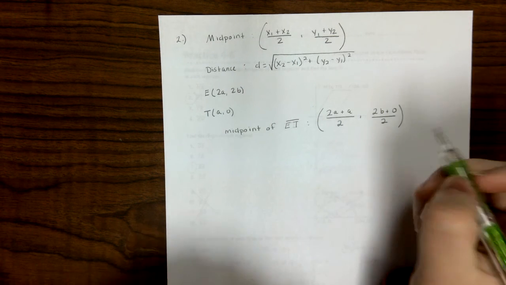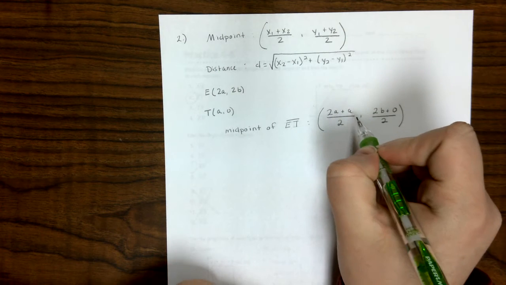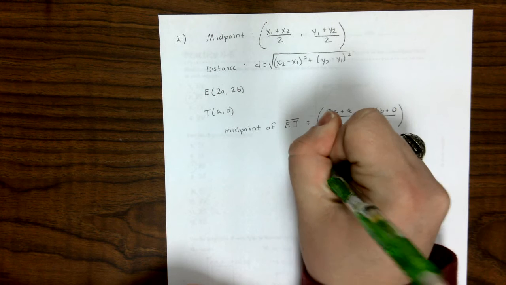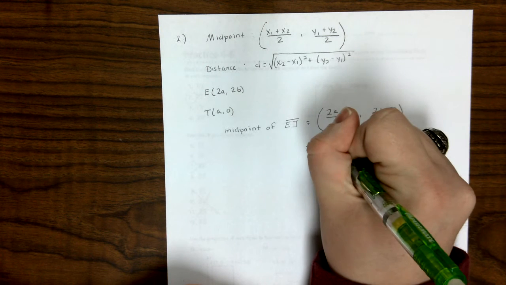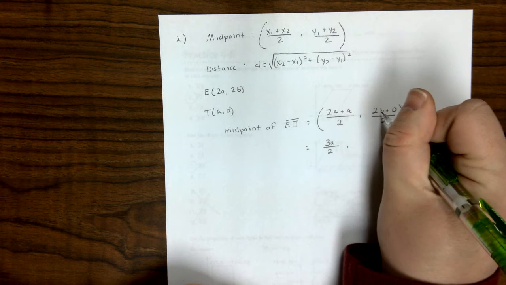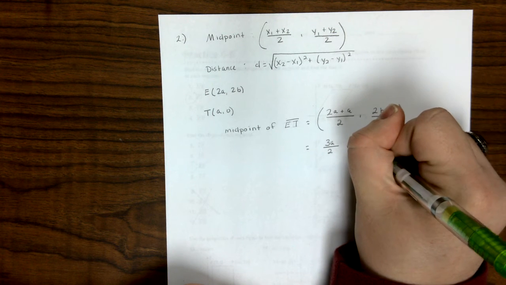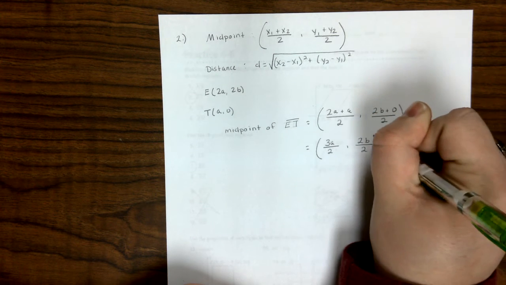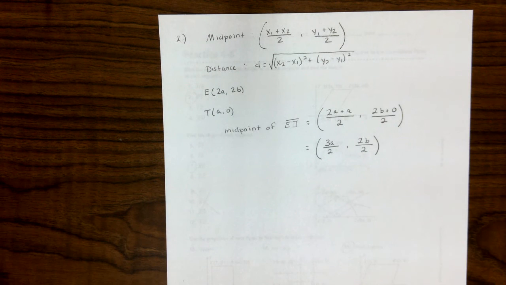I'm going to simplify just the tops. 2a plus a gives me 3a over 2. 2b plus 0 is just 2b, divided by 2.